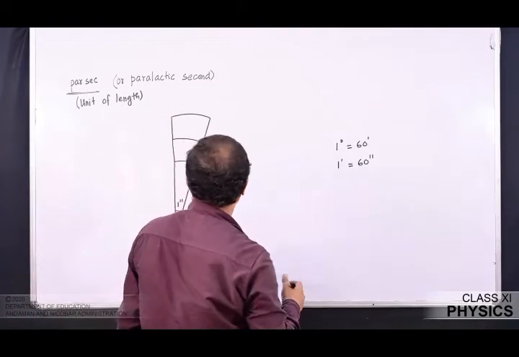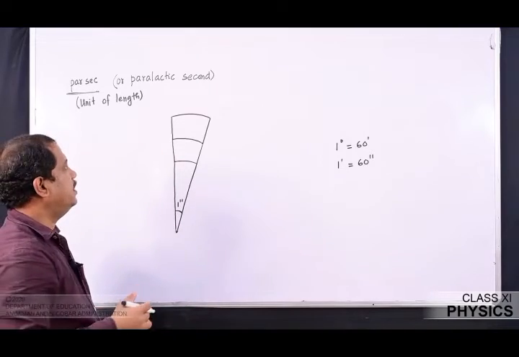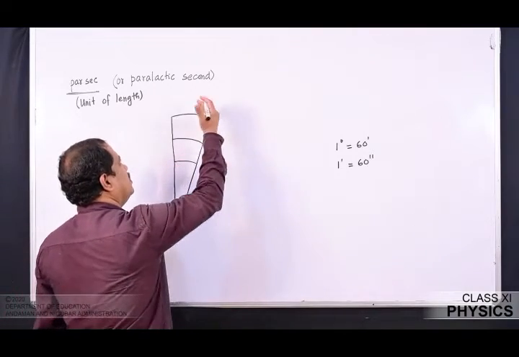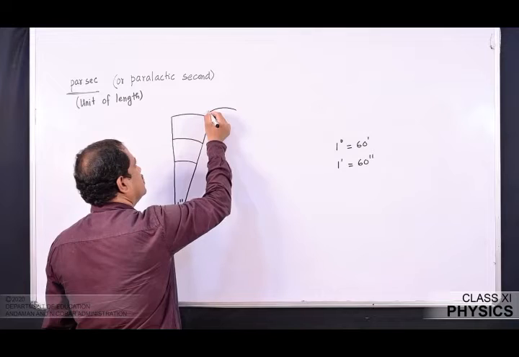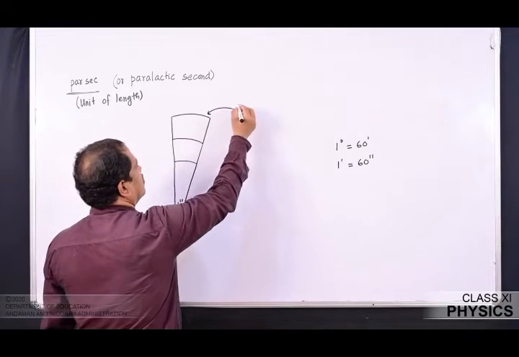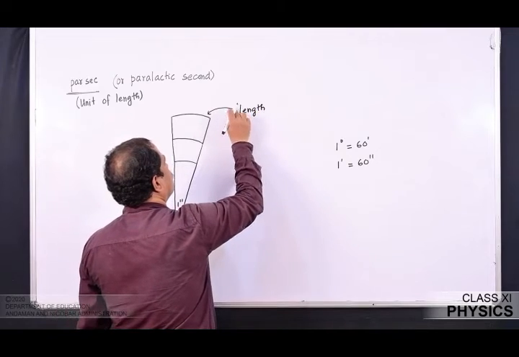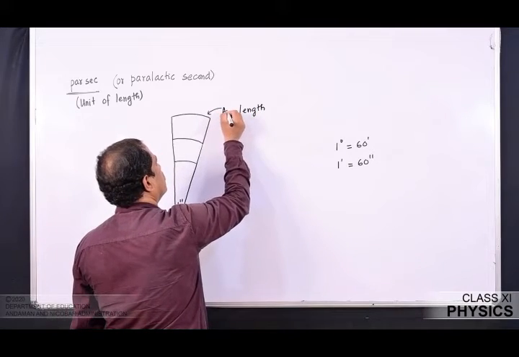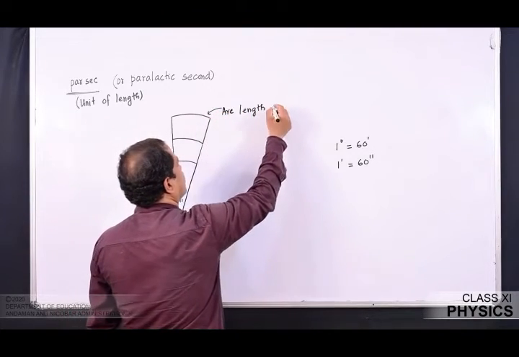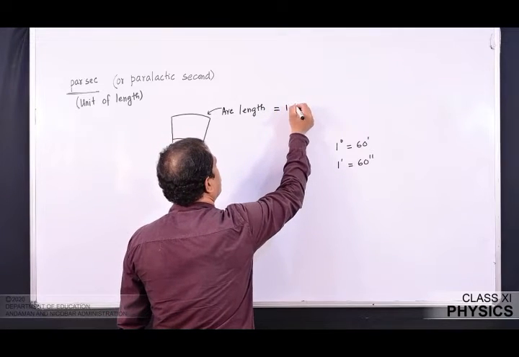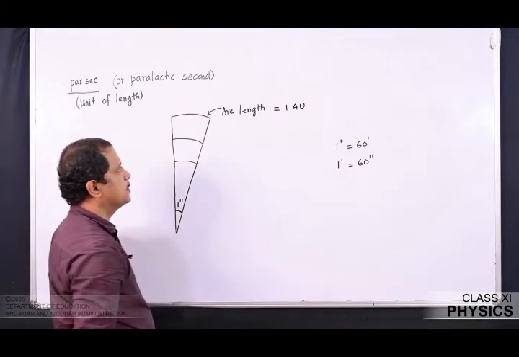Now when the arc length increases, I will go on increasing until the length of the arc, for us it is an arc length, until the arc length becomes equal to 1 astronomical unit.